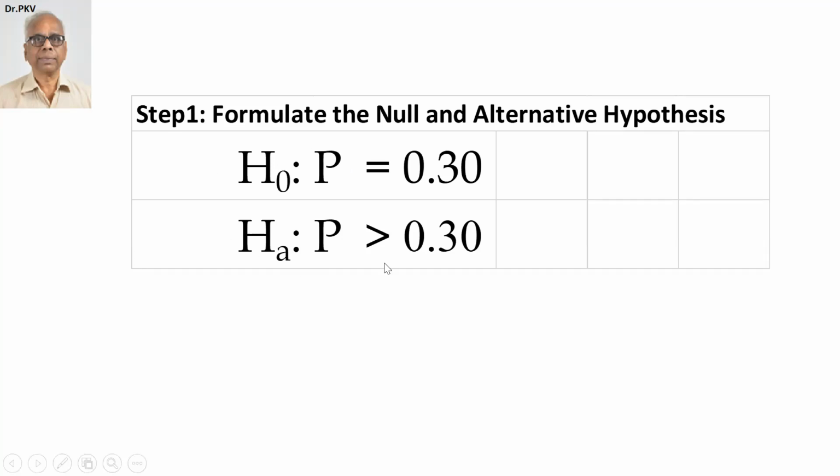This is the first step. If you accept the alternative, then you can introduce the product. If you accept the null, then you cannot jump the gun and introduce the new product. So let us see what happens as we go along.